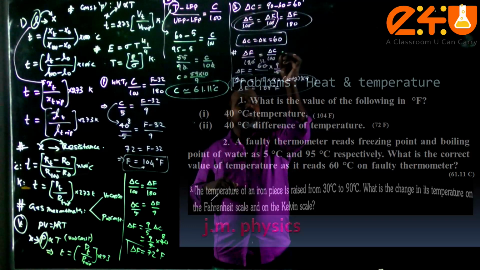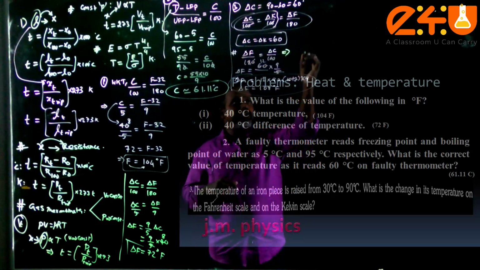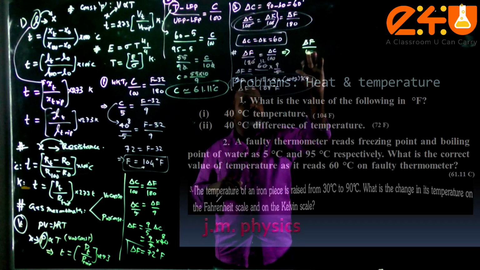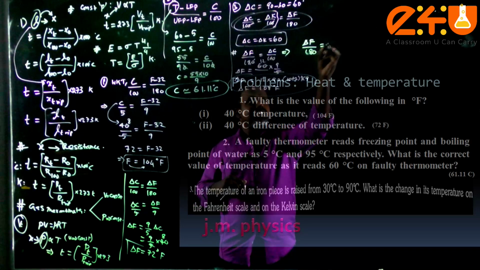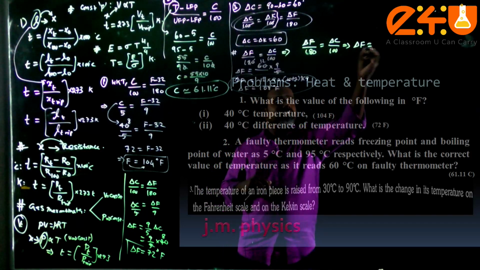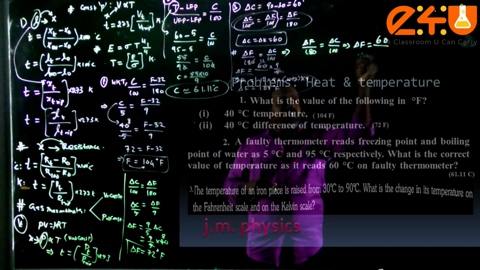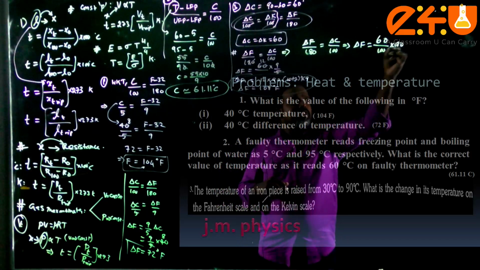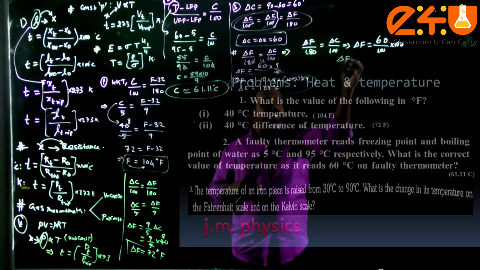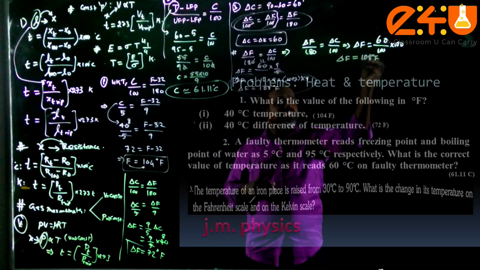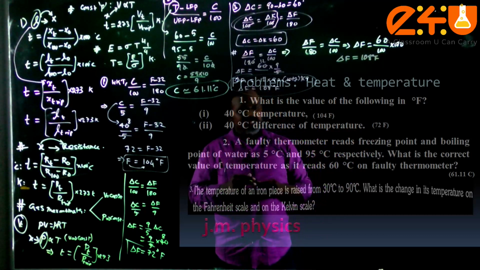Therefore I can write here that delta F by 180 is equal to delta C by 100. From this we can say that delta F is equal to 60 into 180 divided by 100. On simplification, delta F is approximately 108 degrees Fahrenheit. So this is the change in temperature.